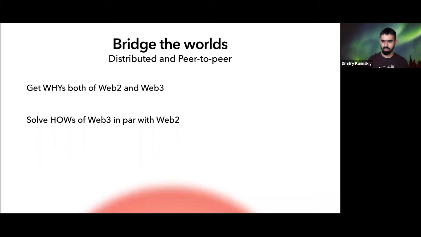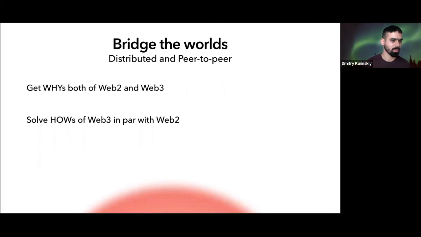And Web3 is essentially another kind of distributed network. It's not closed, it's open, but essentially we still have fault tolerance requirements, scalability, and so on.